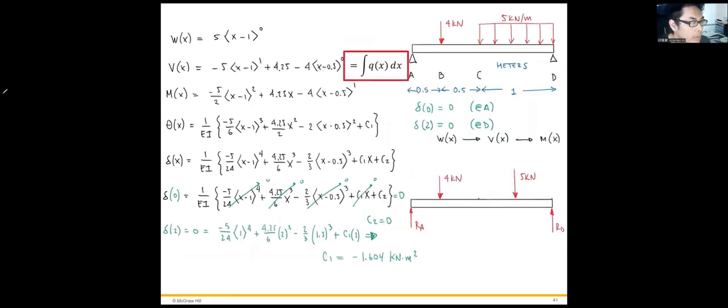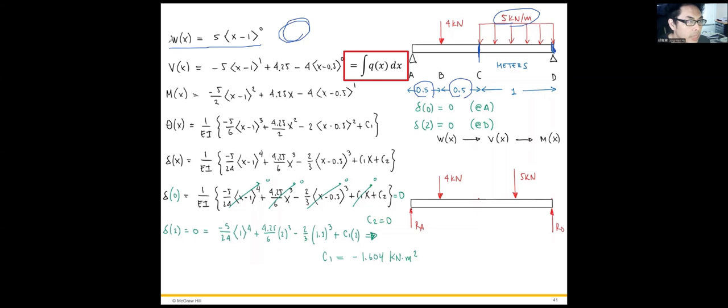Same thing as I mentioned: the distributed load's intensity is 5 kN per meter. The starting point is right here, and at point C it is 1, because 0.5 and 0.5. And we don't have to take into account the last term, right here it is 0.